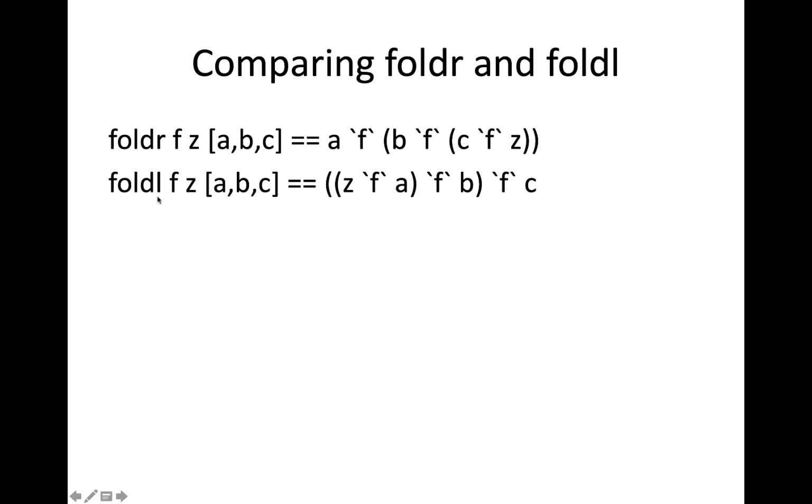Fold left is the same thing, the only difference is we start from the left end of the given list. So first f is applied on z and the leftmost item a, then this aggregation result and b are fed to another f, and so on.